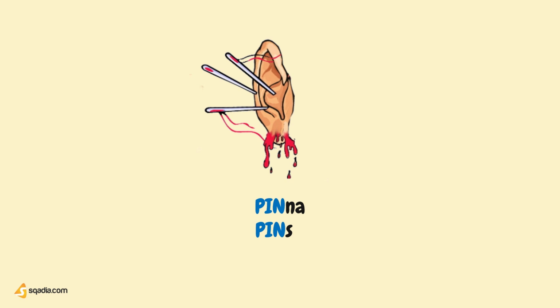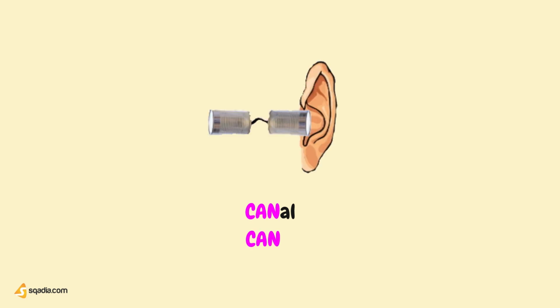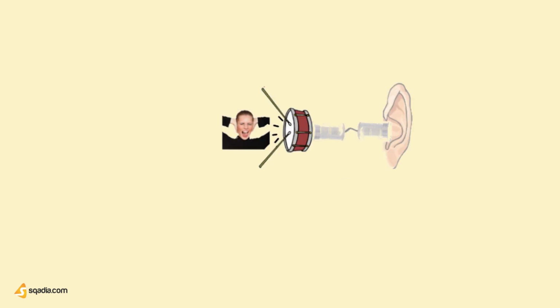Moving to the next mnemonic. Once sound waves enter your ear, they travel down your auditory canal. The image of empty cans connected together should help here. Moving to the next mnemonic. This is an easy one to remember because of drum, but the eardrum is also referred to as the tympanic membrane.